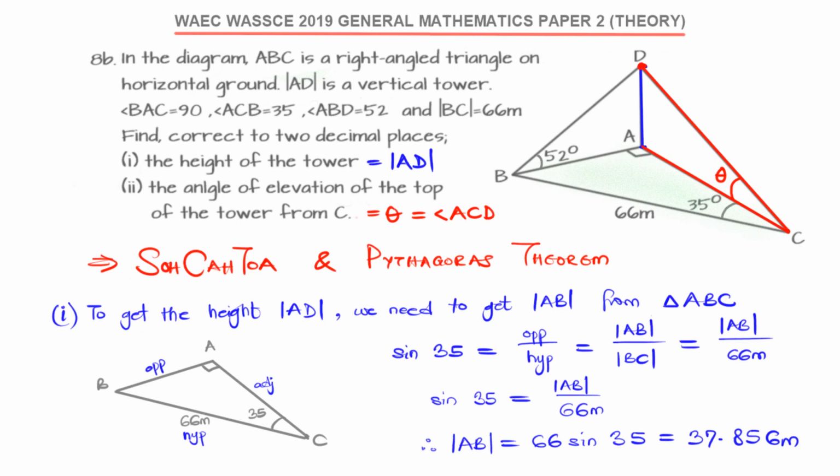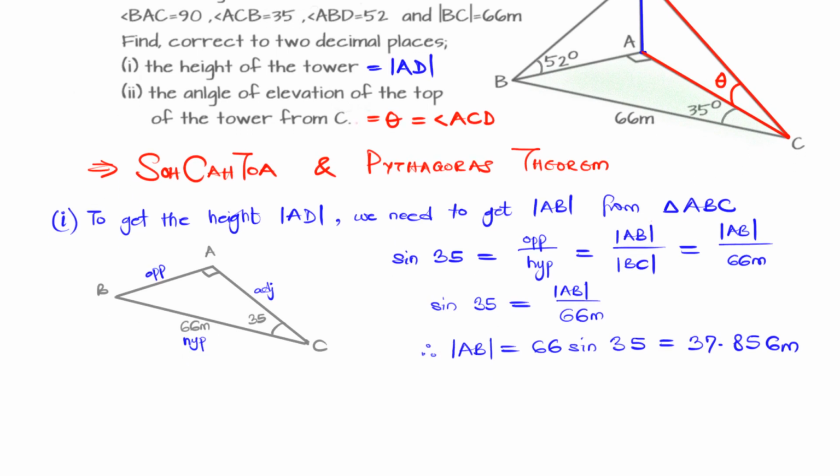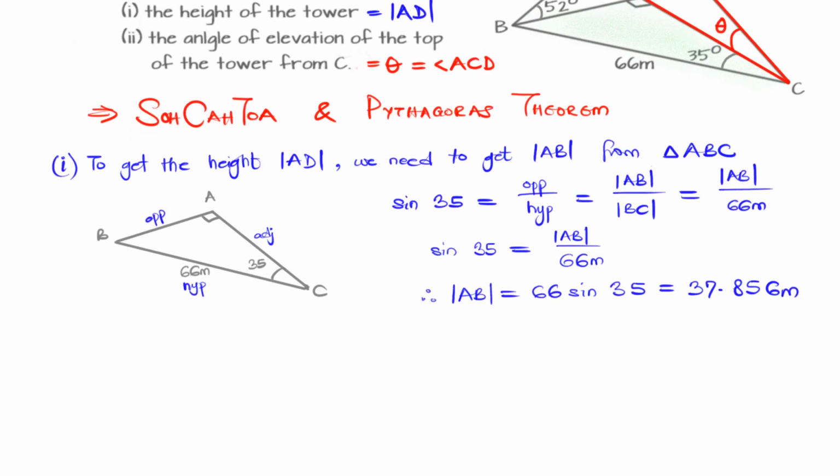But I'm just first getting the line AB so that I can use it in the other triangle to get the height of the tower, the line AD. So if I now consider triangle ABD, let me just even draw the triangle out. So I have this triangle, just separating it out of the whole diagram.